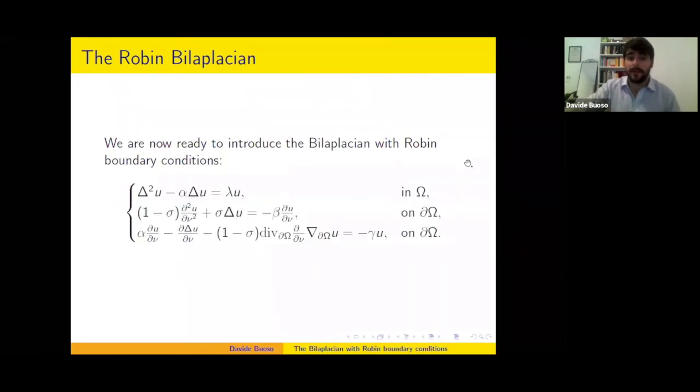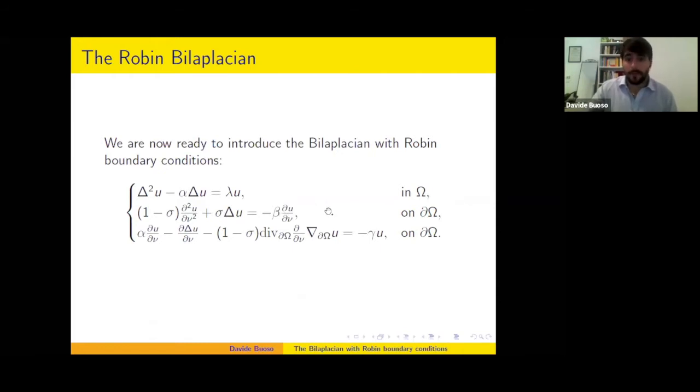And as you may expect, it's just an interpolation between Neumann boundary conditions and Dirichlet boundary conditions. Now, of course, since we have two boundary conditions, we will interpolate separately, in the sense that we will have two different constants and not anymore one, as for the Laplacian.